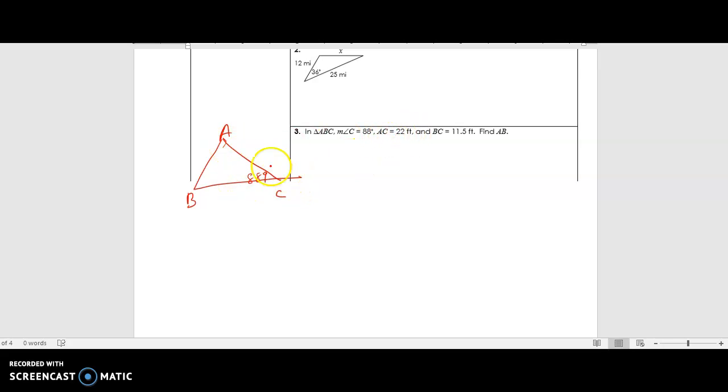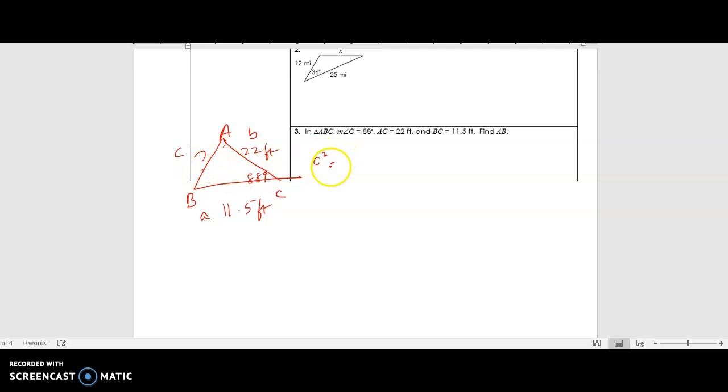AC is 22 feet. BC, which is the base, is 11.5 feet. Now we need to find AB, which means this is c and 88 degrees is given. This would be b and this would be a. So we need to find c.